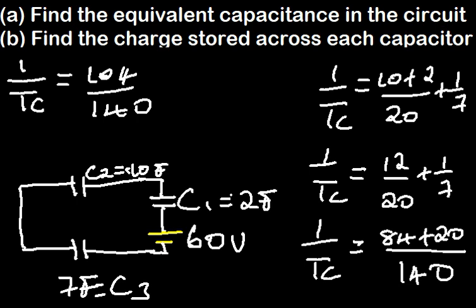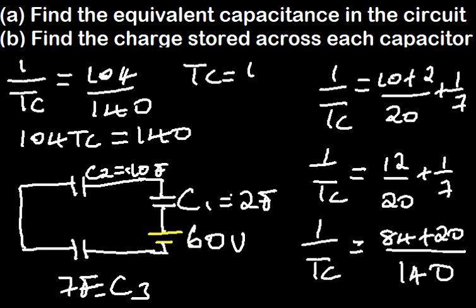Then by cross multiplication, 104 TC, where TC is the equivalent capacitance, is equal to 140. Then TC is 140 divided by 104. So 140 divided by 104 is 1.35.